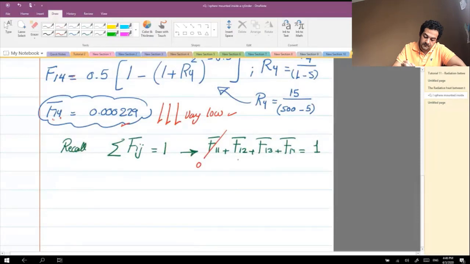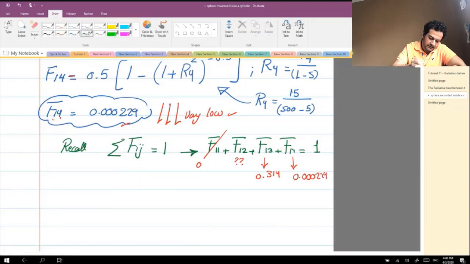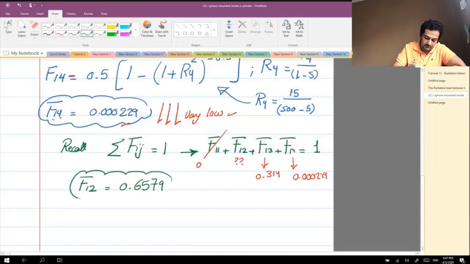F12, we don't know. F13, we know, it was 0.314 from the equation, and F14 was 0.000229. So from here, F12 is equal to 0.6579, right? And that's the whole thing.